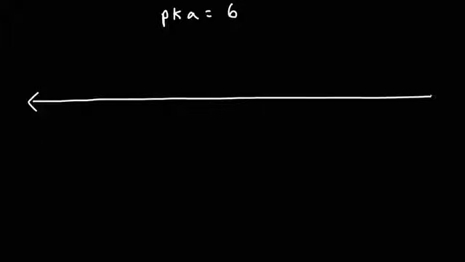So let's say the pKa of a certain acid is 4. Actually, let's make it 6. And let's say the numbers on this line represent the pH of the solution. When the pH is 6, we're going to have equal amounts of base and acid.